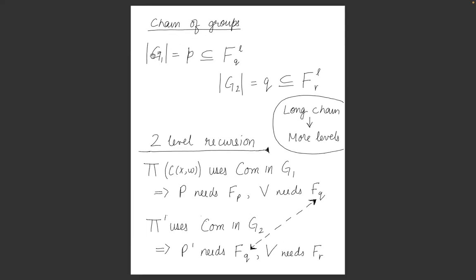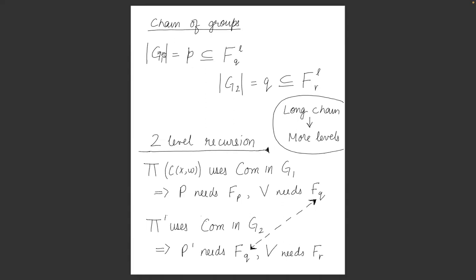First we have a group G1 which has order p, and it is defined over a tuple of a finite field with q elements. So the discrete logarithm problem is difficult now in this group. Now we can try to find another group G2 whose order is q, but it is defined over field elements with a different number of elements, which is r.